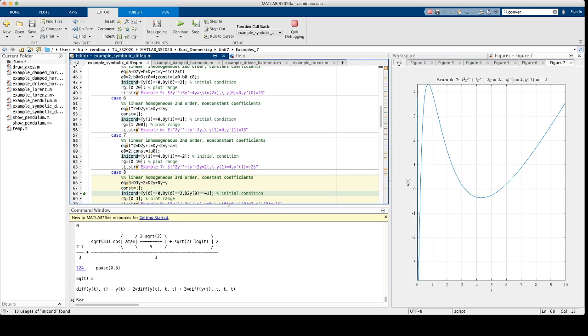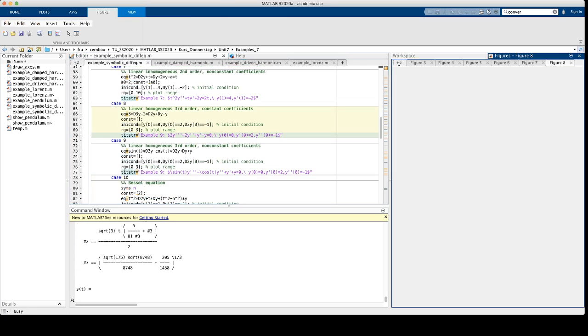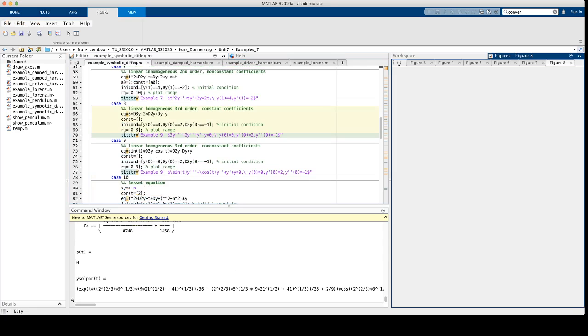We specify the values of y, y prime, and y double prime at t equals 0. These symbolic computations now take much longer than before. But eventually we will get a solution.